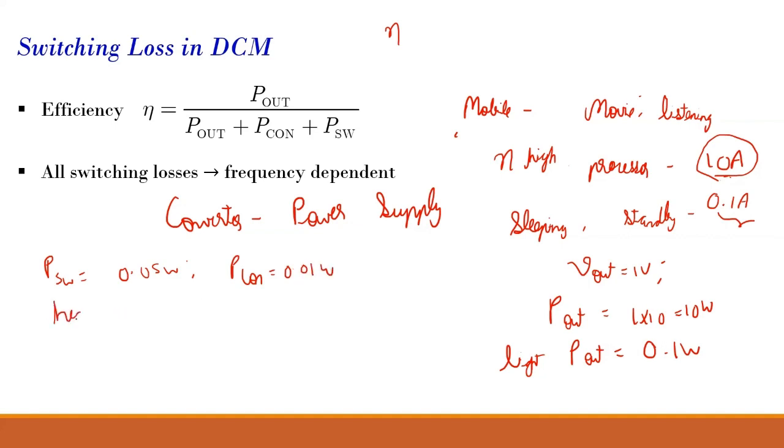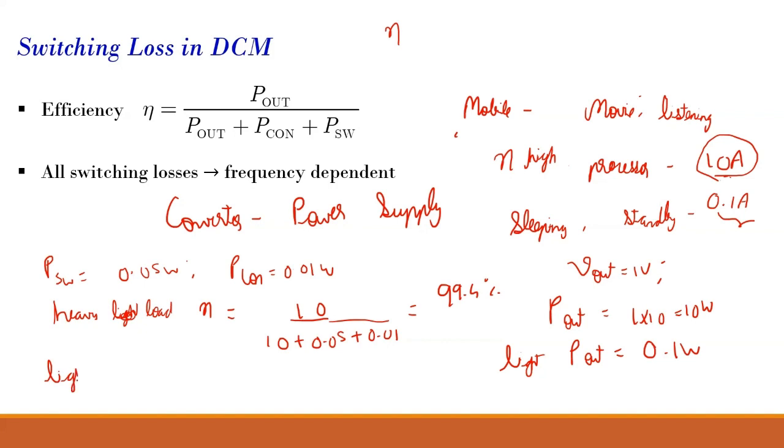For heavy load, what will be your efficiency? It will be 10 divided by 10 plus 0.05 plus 0.01. This is a very fictitious figure, and it comes out to an efficiency of around 99.4%.